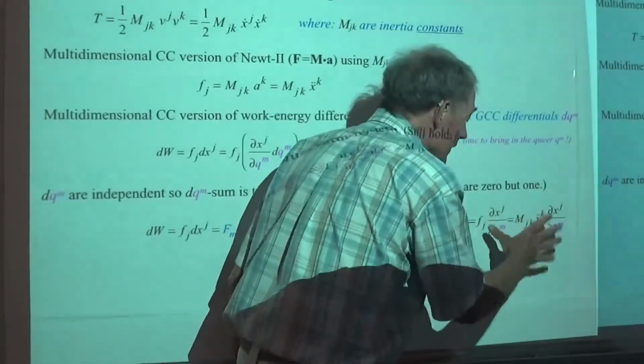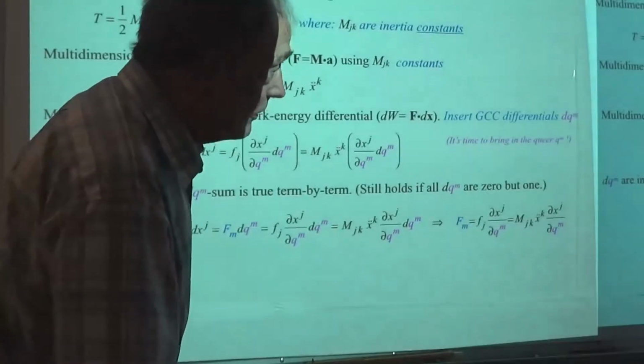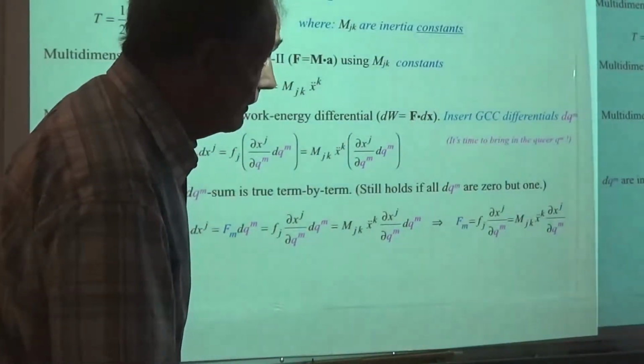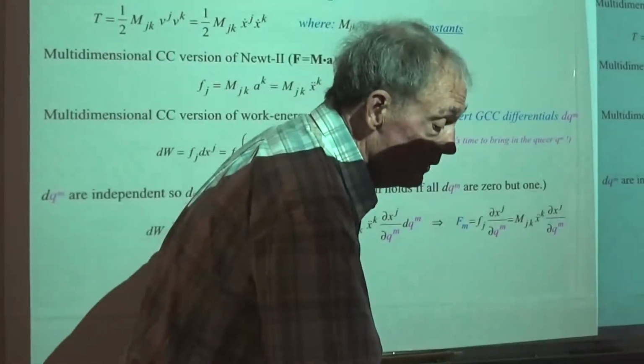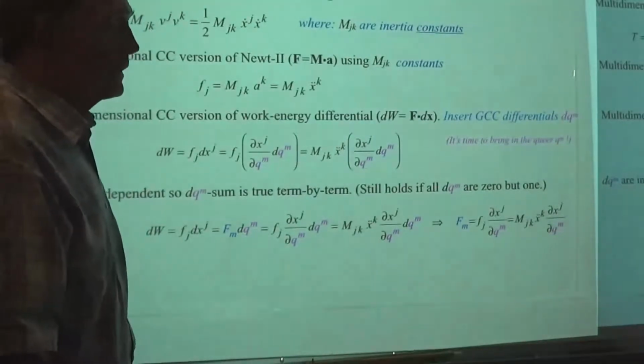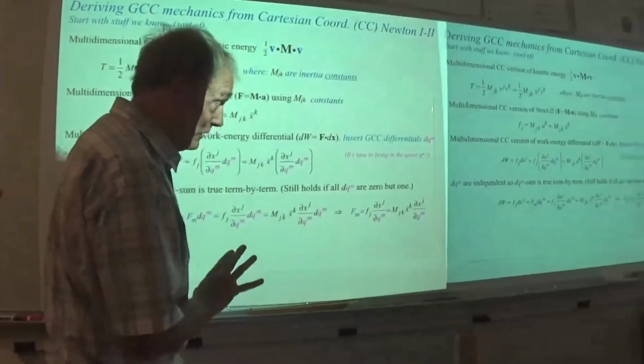We want to get this thing in a form that is really beautiful. This is what we're really aiming at right here. So this is a trick, big trick number 1 for the Lagrange derivation, is to write the F equals ma in this funny kind of way.